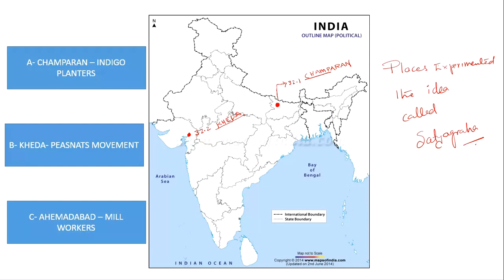The third place, Ahmedabad, where Gandhiji raised the issue of mill workers. Look at roughly I'm locating here. Make a good sign. Okay, you can draw a line like this, 32.3, and you write here Ahmedabad.